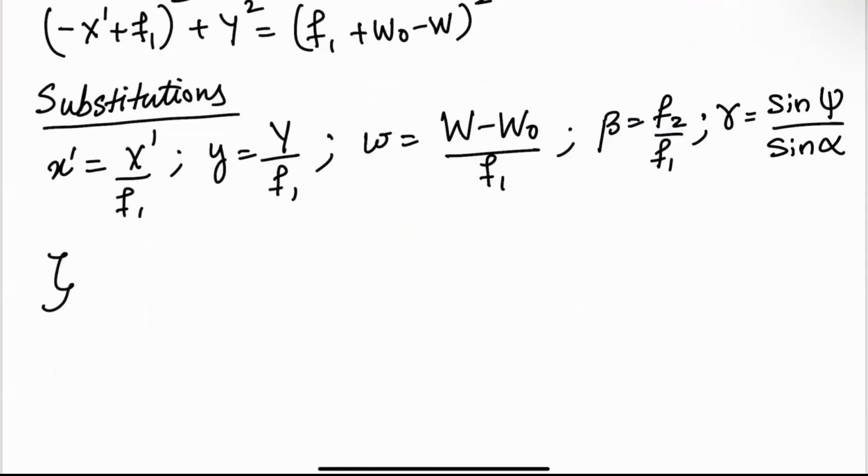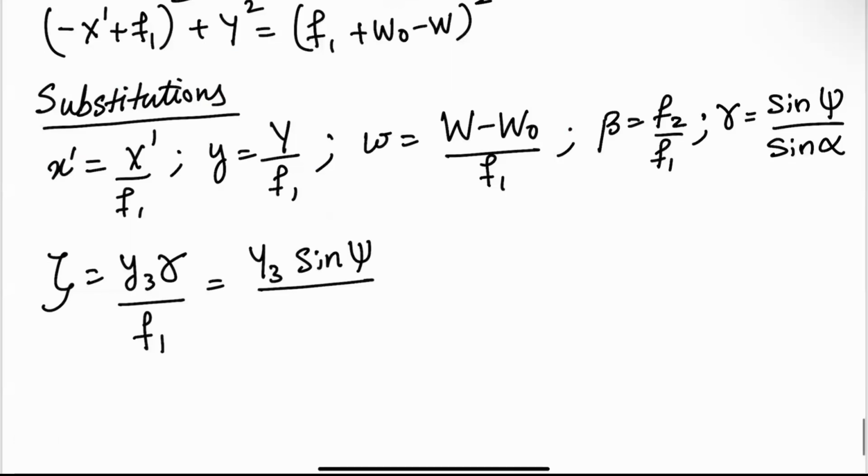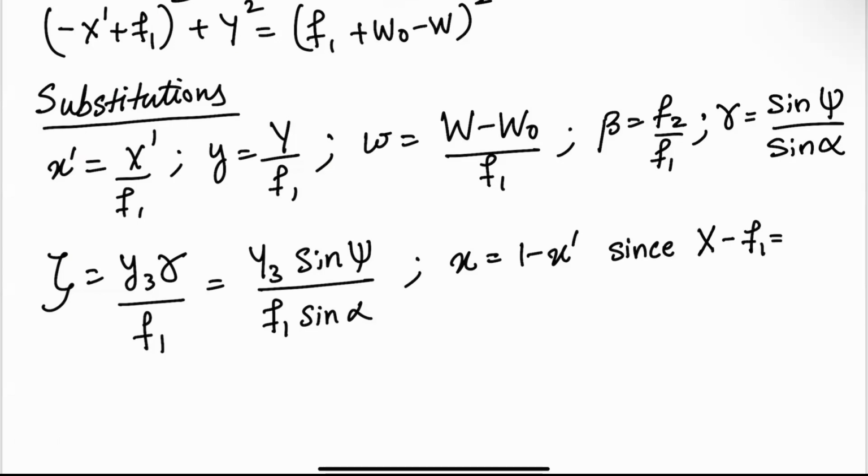Then zeta is y3 gamma over f1, which is the same thing as y3 sine of psi divided by f1 sine of alpha. And of course, just keep in mind that x is nothing but 1 minus x prime, since capital X minus f1 was equal to minus x prime.